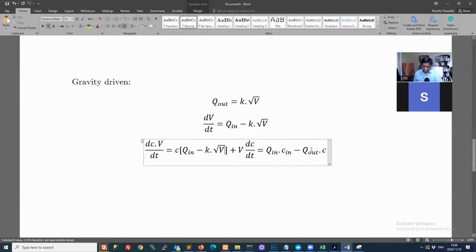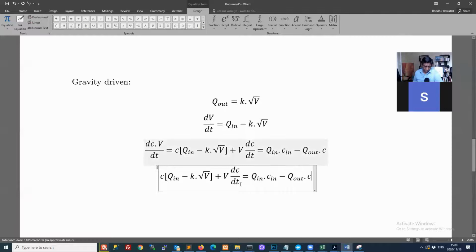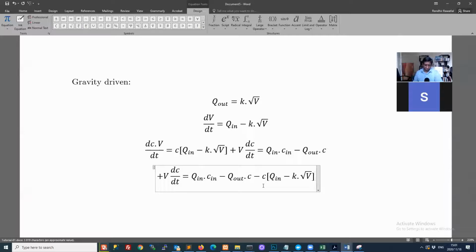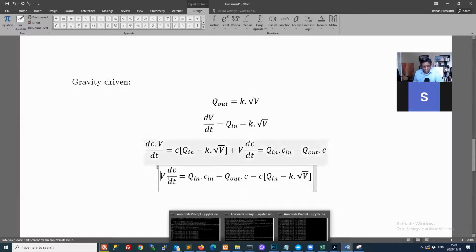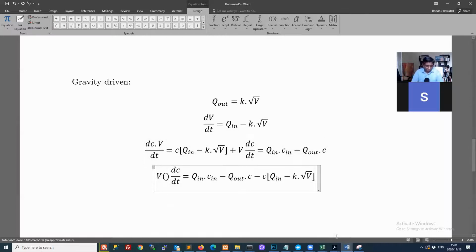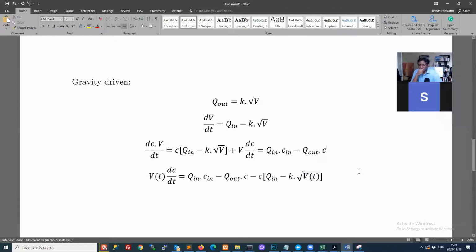All right, and then we can see our new balance now looks like this. So this is the balance in this situation. And we might as well just take this thing across to this side. And see, nothing cancels here. Okay, so that's our new balance. And we have to acknowledge here, V is a time function. So everywhere where you've got V, you can emphasize that it's a time function. Okay, and we need to solve this equation.